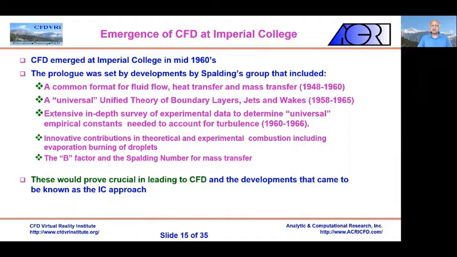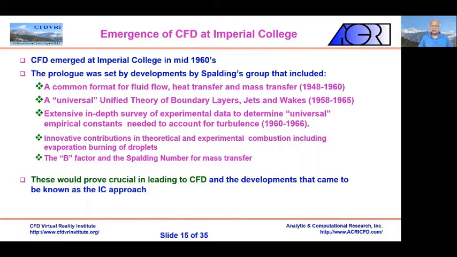Spalding had developed a common format for fluid flow, heat transfer, and mass transfer over a decade or so. A universal unified theory of boundary layers, jets, and wakes was developed, which combined these three different kinds of flows into one and could be considered the first unified theory in fluid dynamics.